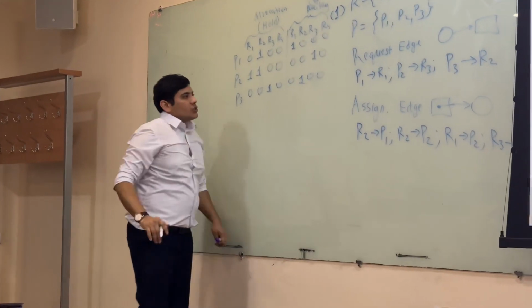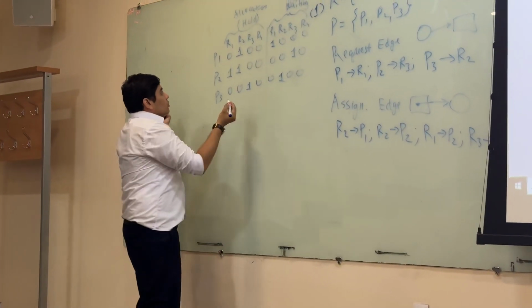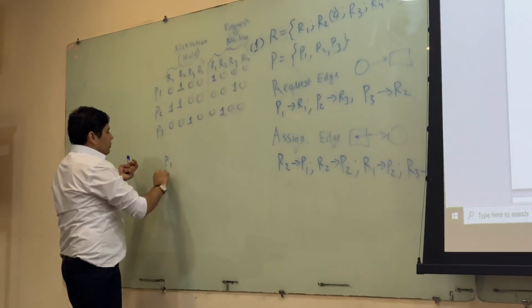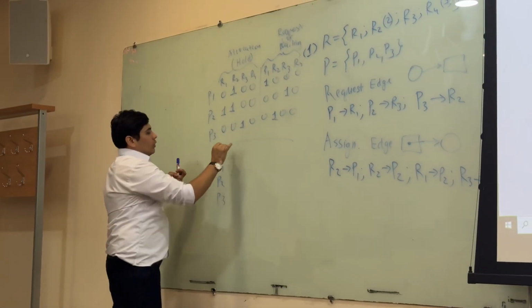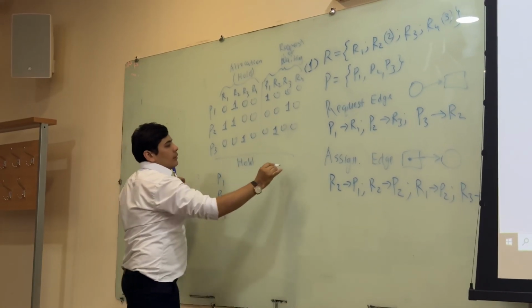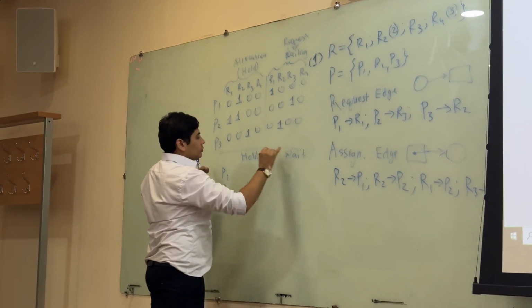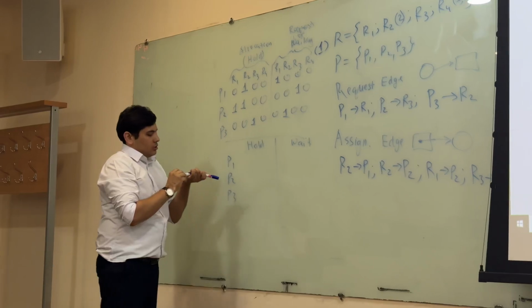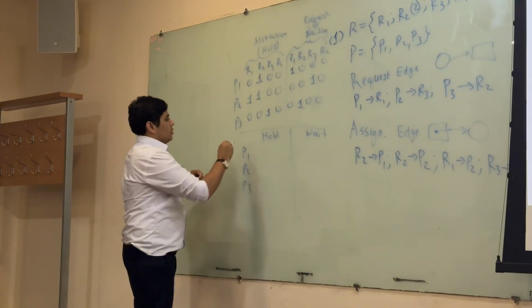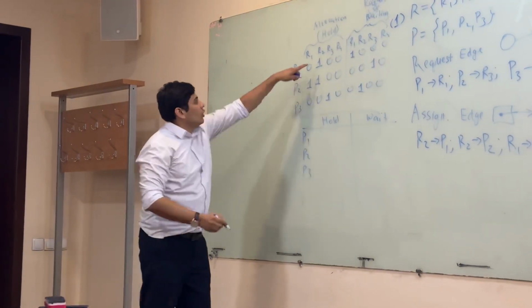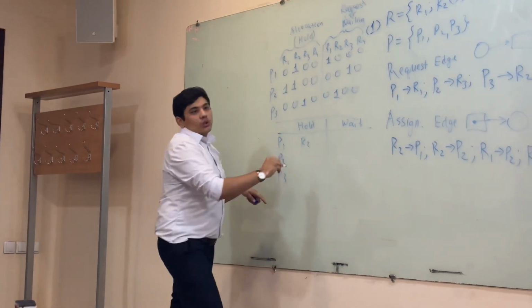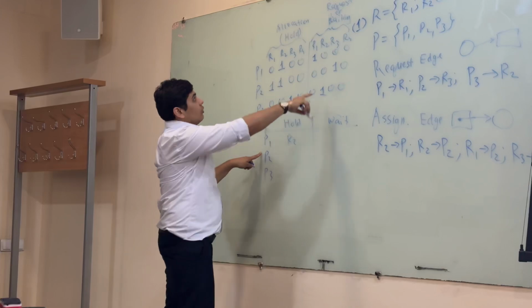If you want, you can also make a table. For P1, P2, P3, you write down hold and wait. P1 is holding R2, waiting for R1.